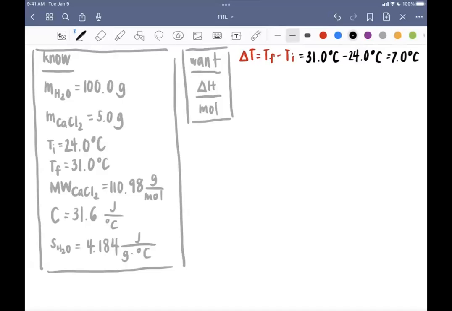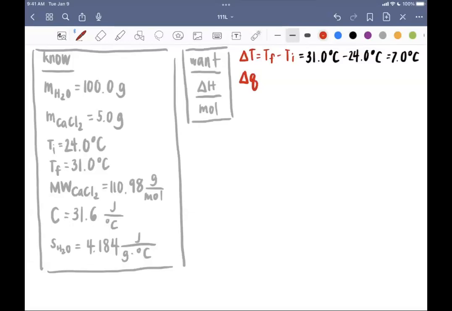Now, we're going to use that in order to assess the change in heat associated with the absorption by the solution.